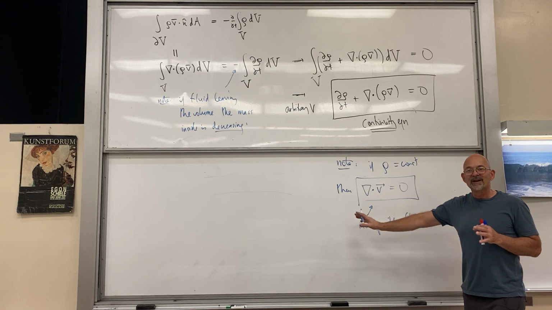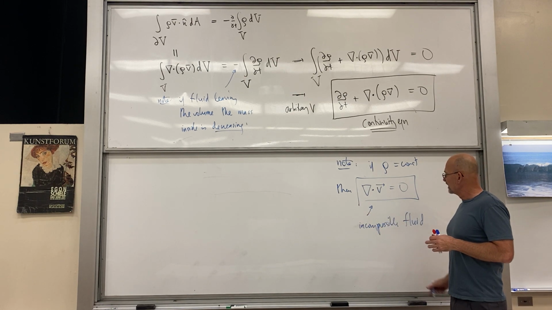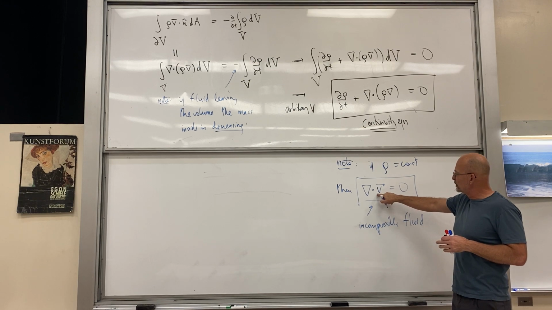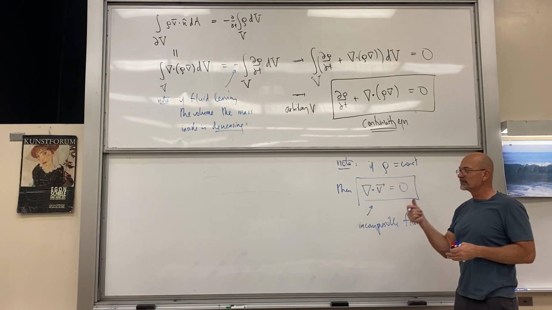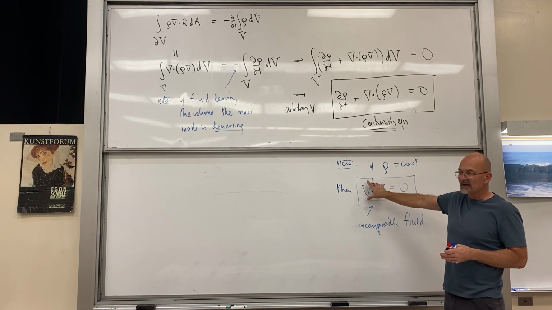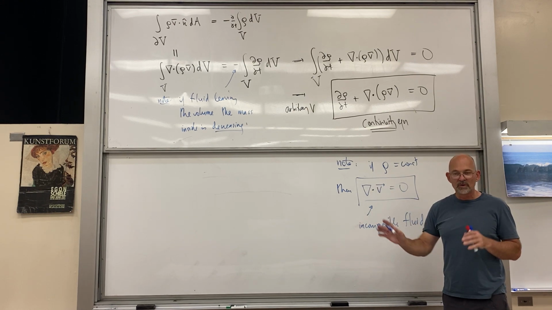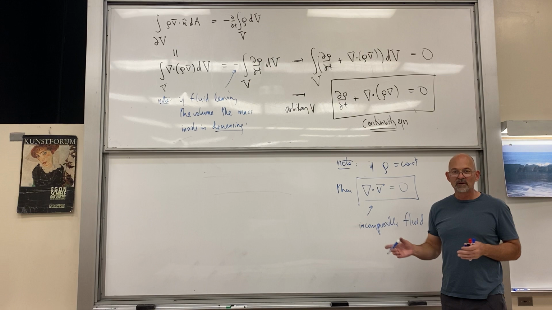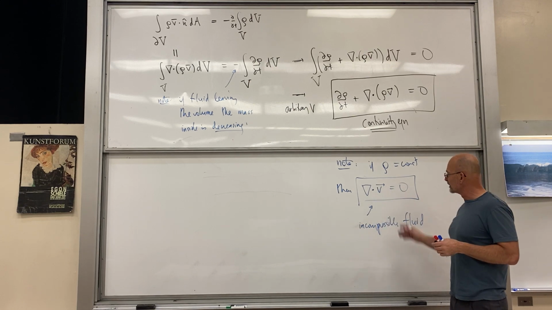And when we had Liouville's theorem in Hamiltonian mechanics, we had a divergence of a 2n component vector composed of positions and momenta, and that divergence vanished. And that allowed us to say that the phase flow, the phase fluid flow of phase space, the phase fluid is incompressible.